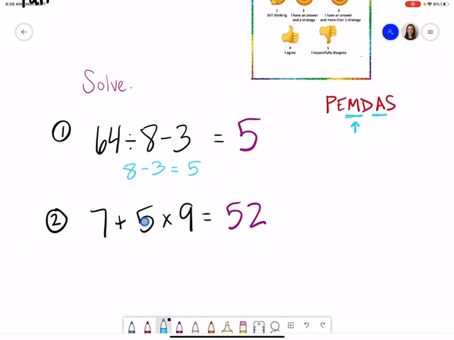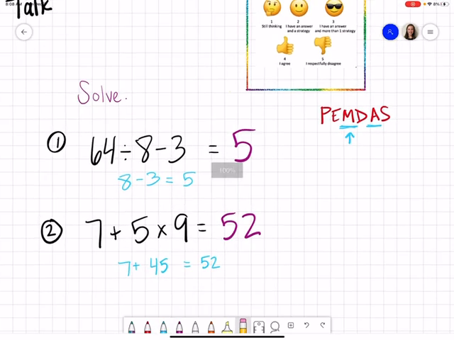So 5 times 9 is 45. Now I can move to my next operation, which is addition. 7 plus 45 is 52. All right, so that's how we figure that out.